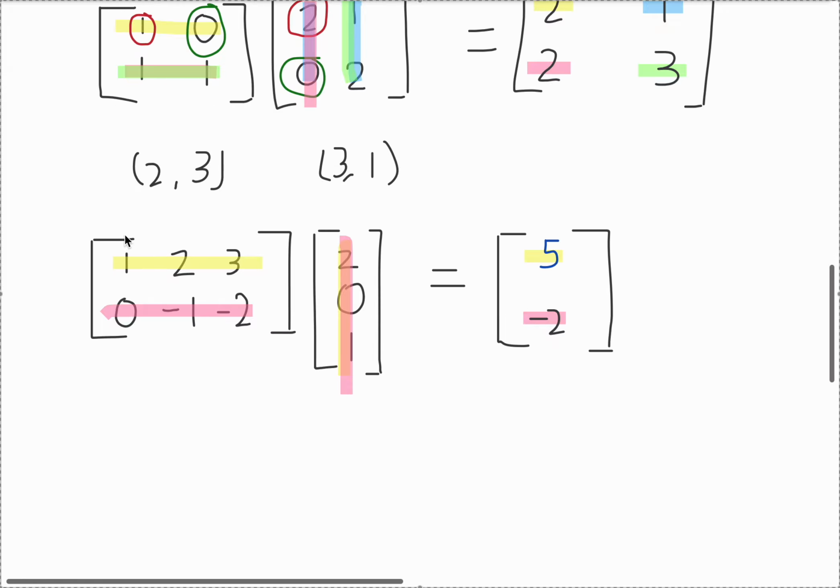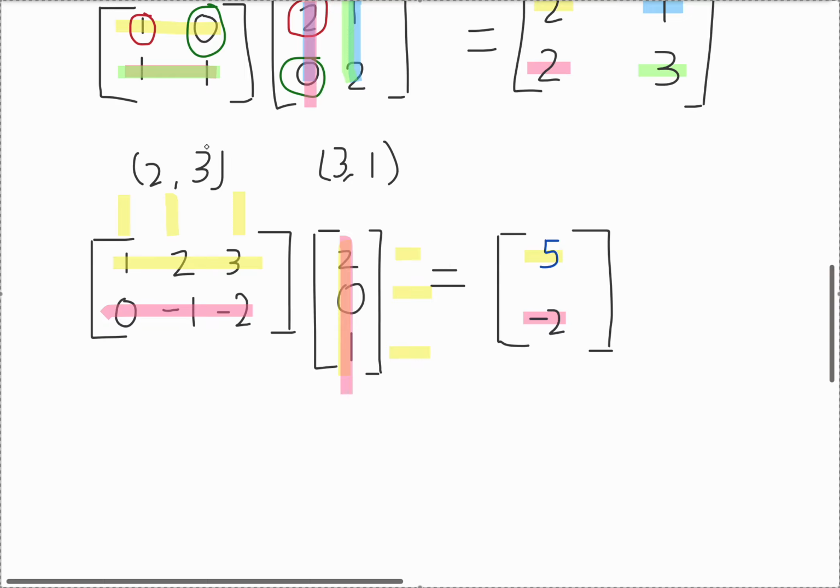That's equal to saying the number of columns in the first matrix must be equal to the number of rows. Right? Because the number of columns is going to be the number of elements in a row, and the number of rows is going to be equal to the number of elements of a column. So the number of columns in the first matrix must be equal to the number of rows in the second matrix.